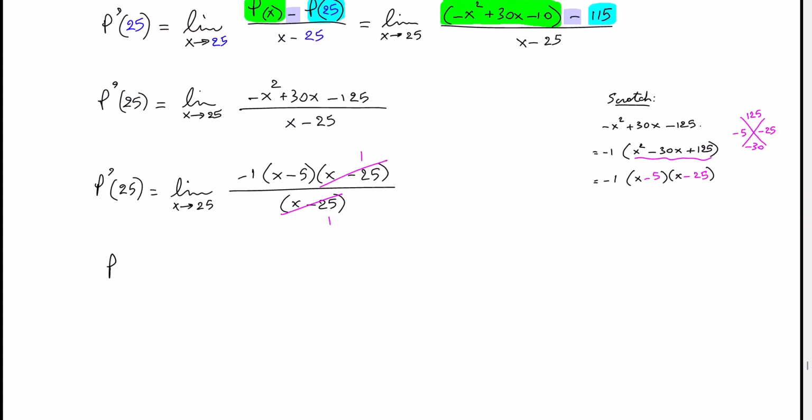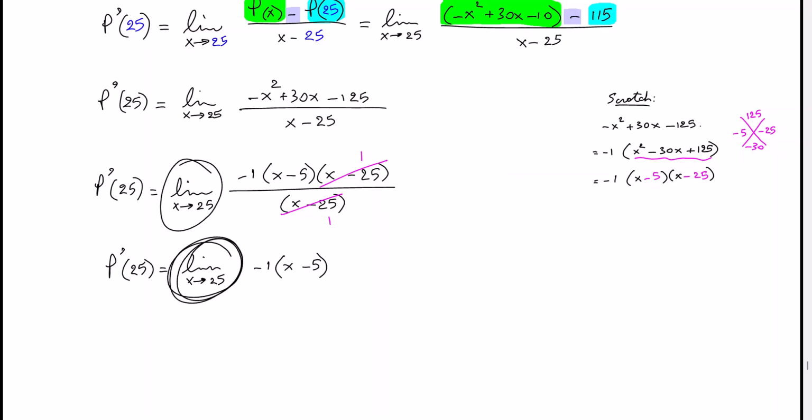So far, my p prime, the instantaneous rate of change, is the limit as x approaches 25 of negative 1 times x minus 5. So if I didn't have the word limit written down on every line, I would forget what I'm doing and I would put a box around this answer, and that would be completely wrong.